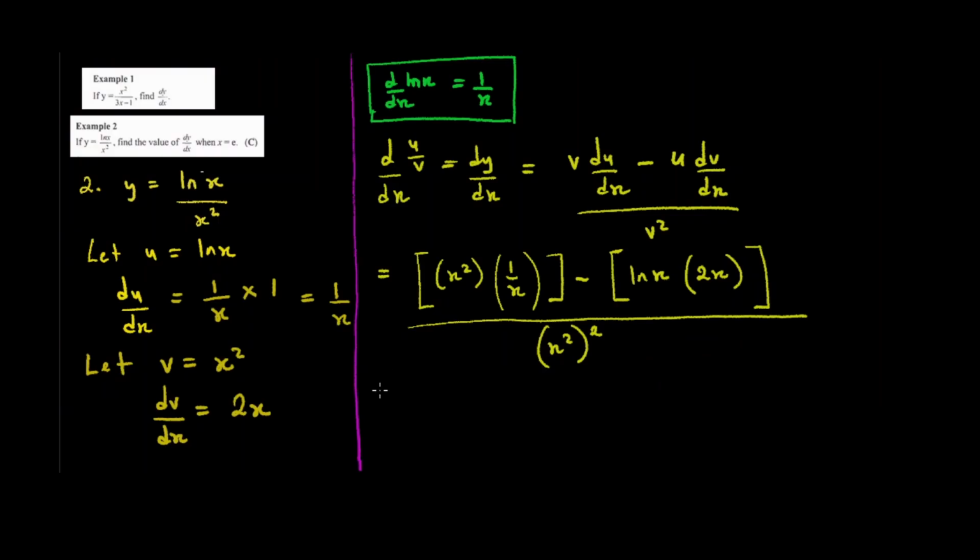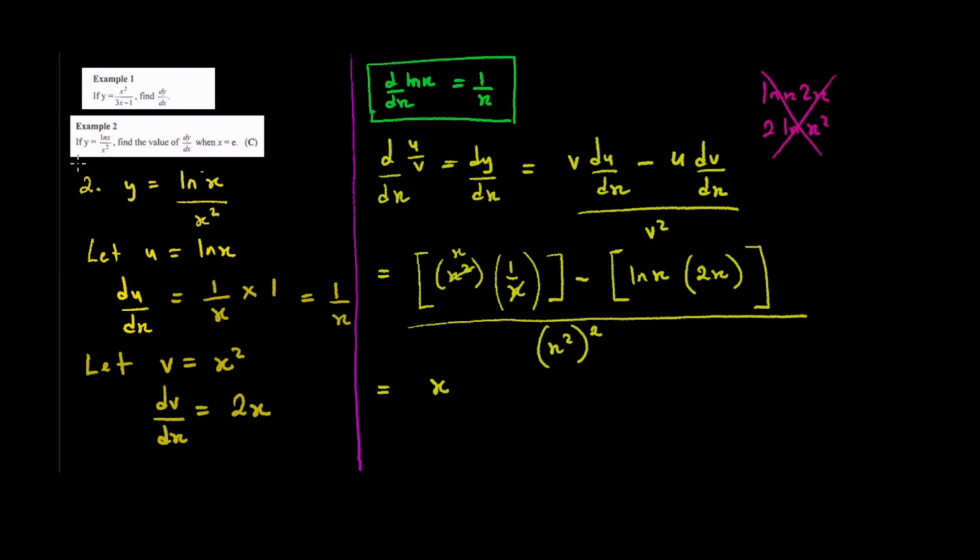Okay, so this is equal to, simplifying, x squared times 1 over x, that's x. Then here, please don't make a mistake of writing it like this. Here ln x times 2x, maybe your answer would be ln x 2x, or 2 ln x squared.